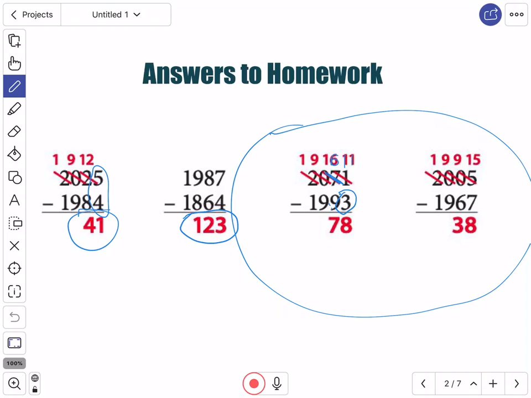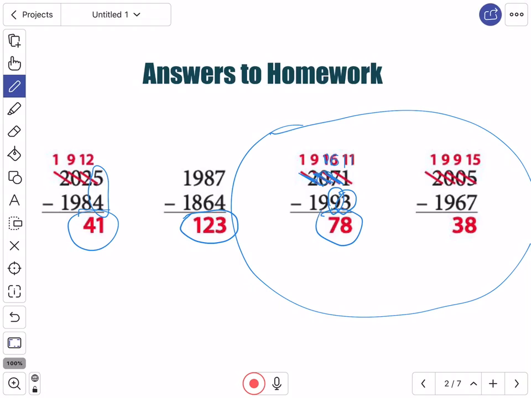Okay, so 11 minus 3 equals 8. And then once again, I can't take away 9 from 6. So again, I had to jump over twice, actually. This 2 became a 1, which made this 0 become a 10. And then I was finally able to regroup. So this 10 became a 9, and then the 6 became a 16. And 16 minus 9 equals 7. So my answer for that one should have been 78.